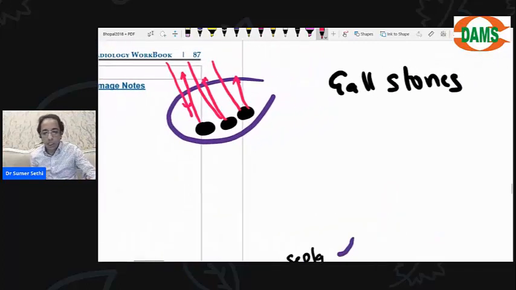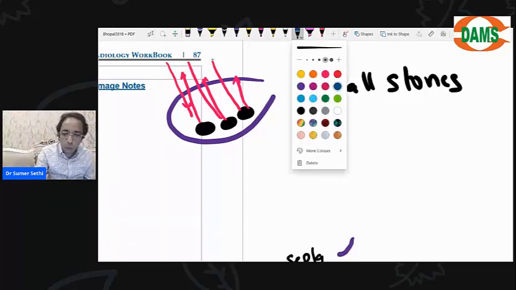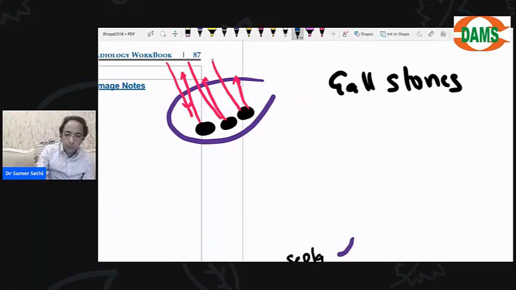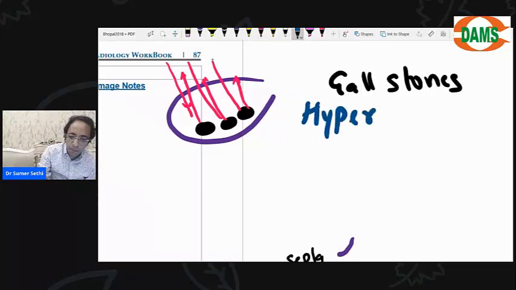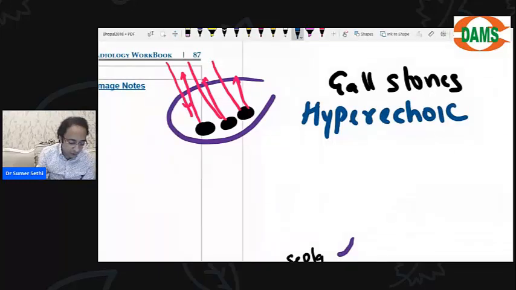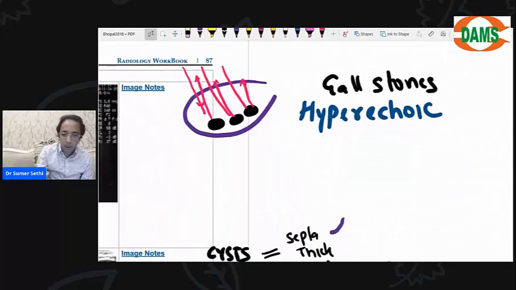Because stones are hard, all the sound which strikes the stone is reflected back. So what will happen? Too many echoes will come back to you. So gallstones on ultrasound will appear hyperechoic. They will appear white. Gallstones will be hyperechoic.